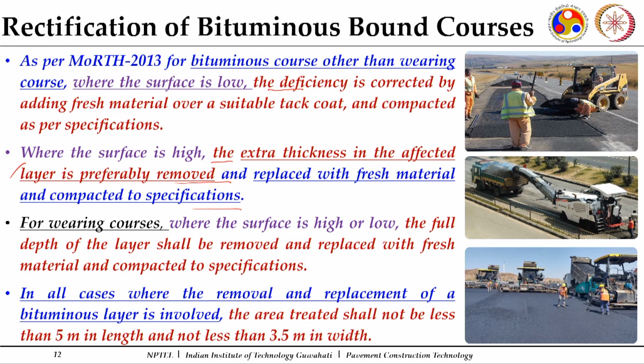So, if it is high, then it has to be removed first, and then you have to come up with your correct quantity of material. And in most of the cases, the entire thickness may have to be removed, because if you do not have a milling machine, it is very difficult to correct for a given depth.